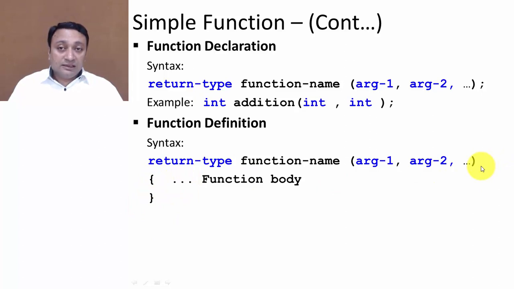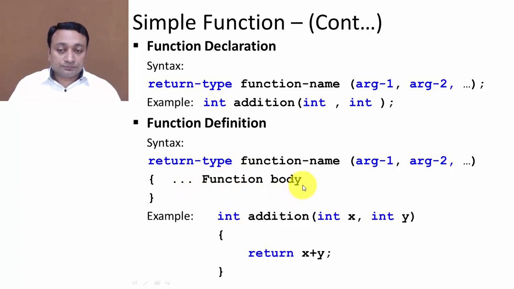So the only difference between declaration and definition is we will write a semicolon at the time of declaration, we will not write a semicolon at the time of definition. Here you are supposed to write your code. Here is the example for addition. I am passing variable x, variable y, performing addition and returning the answer as type integer.